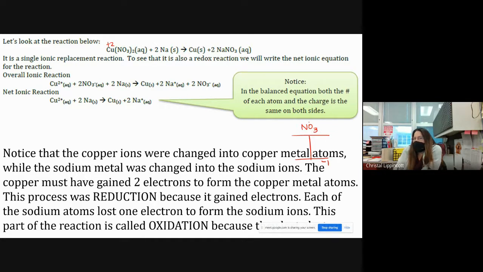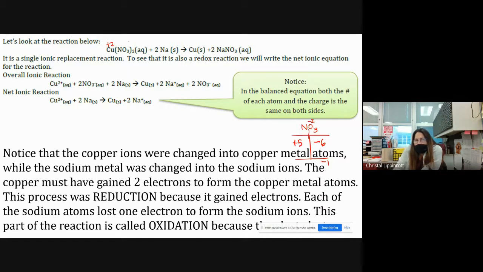Oxygen, except for one weird kind of hiccup, which we'll get into, is traditionally a -2. So -2 times 3 is what? -6. Now our overall charge is a -1. So what does the nitrogen have to be? +5.